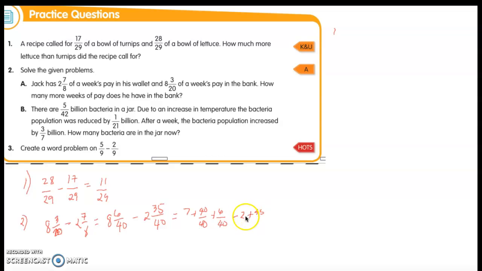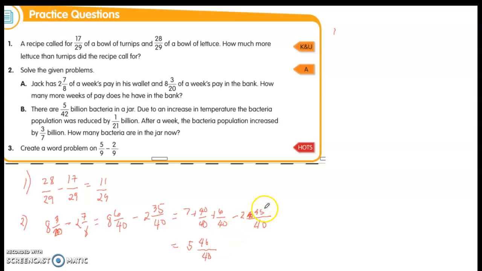Minus 2 and 35 over 40. So we can now subtract the whole numbers. So 7 minus 2 is 5. Then we can add 40 and 6. That's 46 over 40.